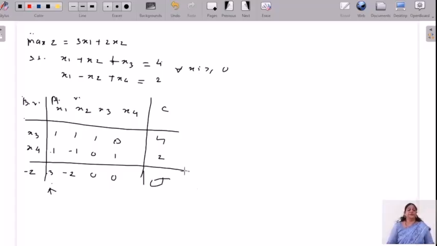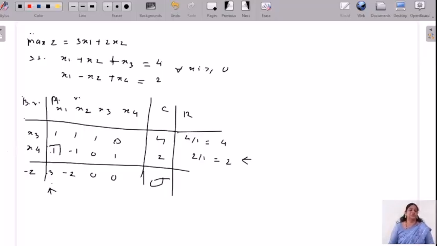Therefore take the ratio first: 4 upon 1 is equal to 4, then 2 upon 1 is equal to 2. Therefore the minimum ratio occurs here, and this gives the pivot element.